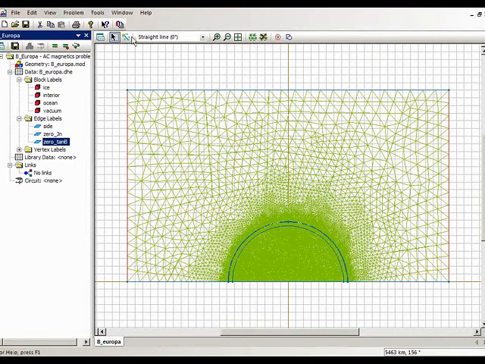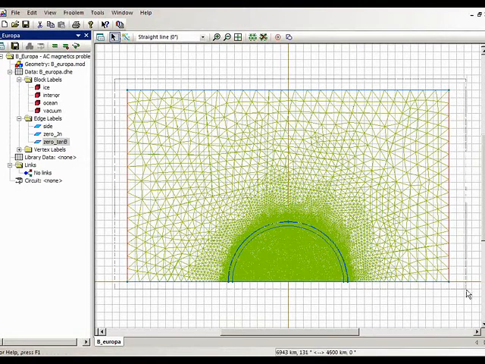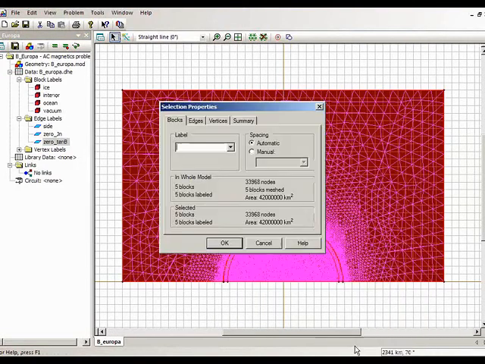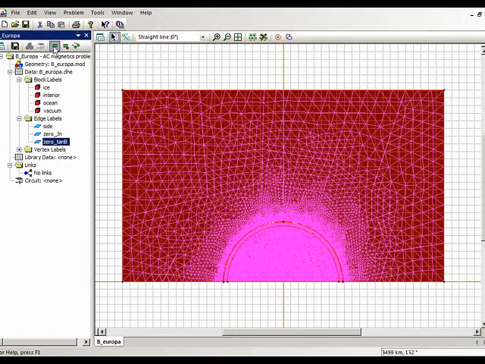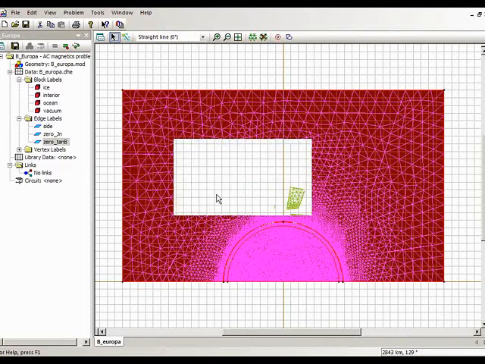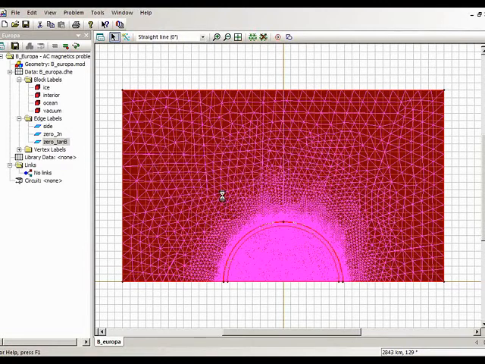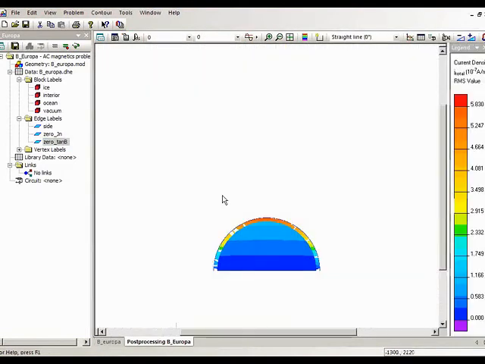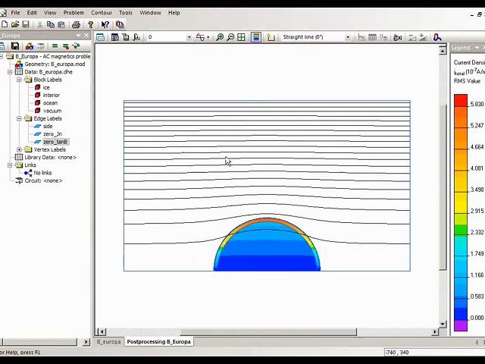Now, I'll go ahead and solve the problem. It's already been solved. This is roughly 33,000 nodes. And we can look at the results. Okay, so we have a color map here.